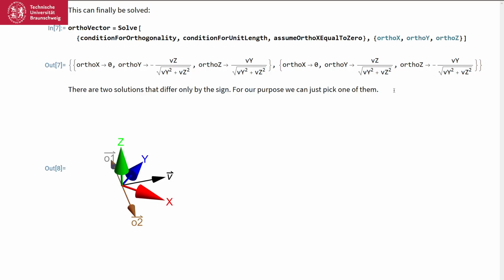Obviously this will give us ortho x equals 0, because this was the assumption. And otherwise, we have these two opposing options, because that would be true for a vector going that way and going exactly the opposite way. So of these two, we have to choose one.